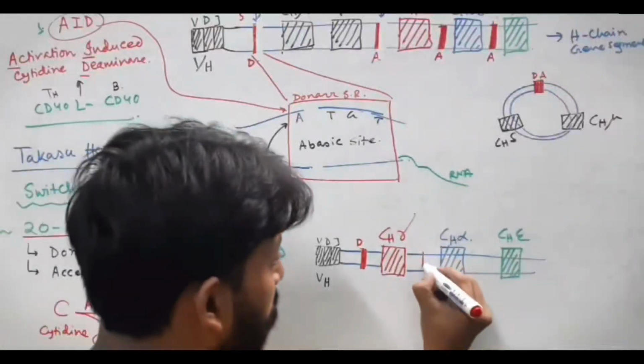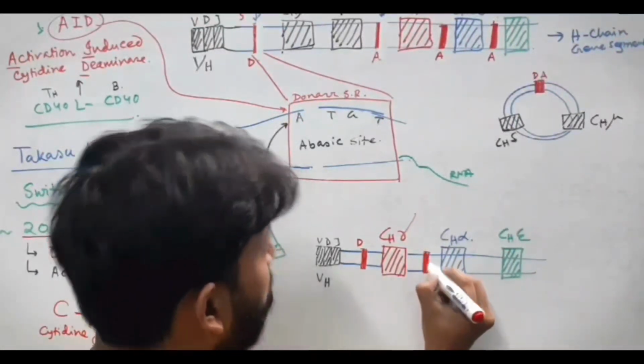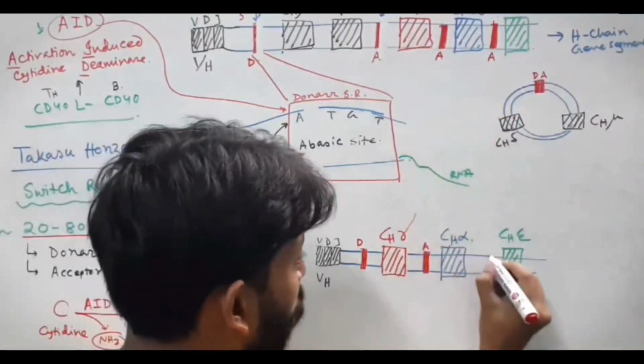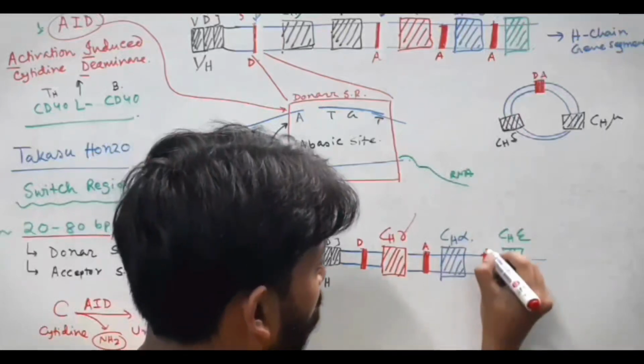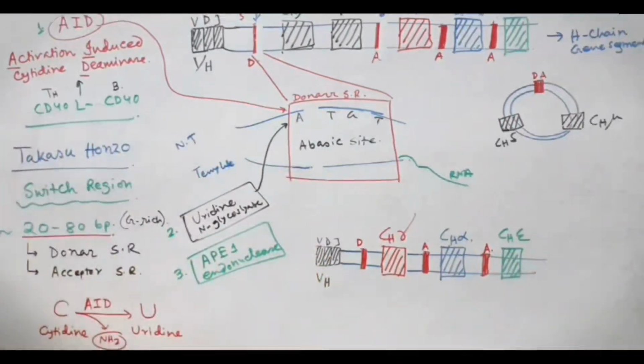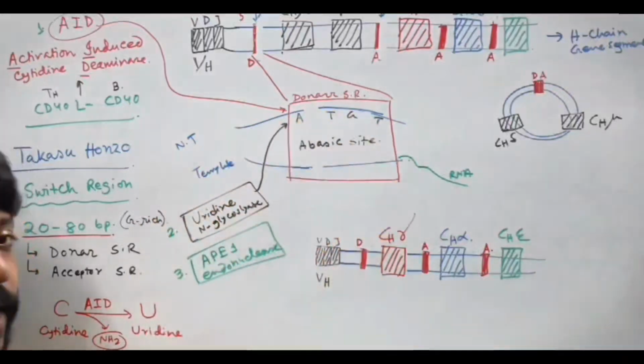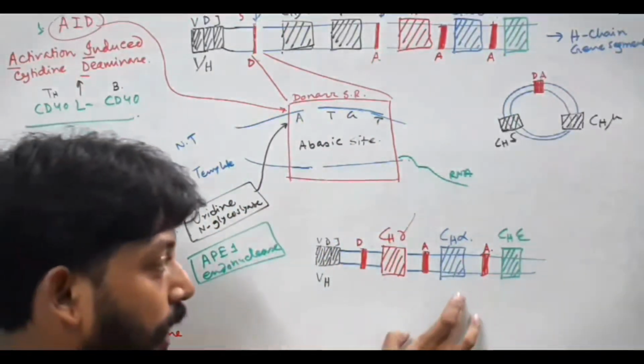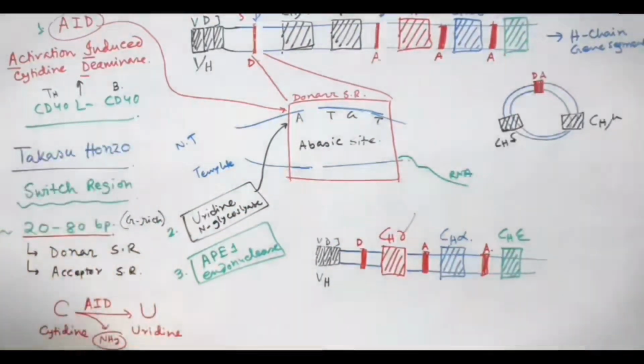And here the acceptor switch region is already present. So now you can understand these B cells. Once it has switched into IgG, it can switch into IgA, IgE if it requires.